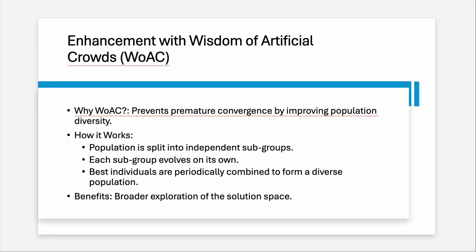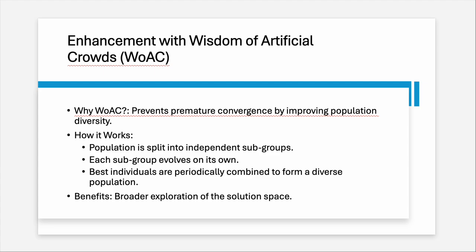To prevent the genetic algorithm from getting stuck in local optima, a common issue in evolutionary algorithms, we introduce an enhancement called Wisdom of Artificial Crowds, or WAC. WAC is based on the idea of combining insights from independent subgroups to find a more robust solution. In WAC, the population is divided into smaller subgroups that evolve independently.